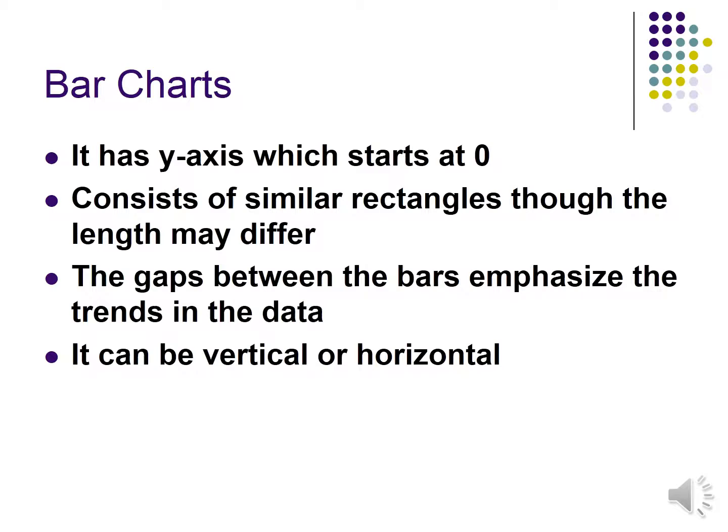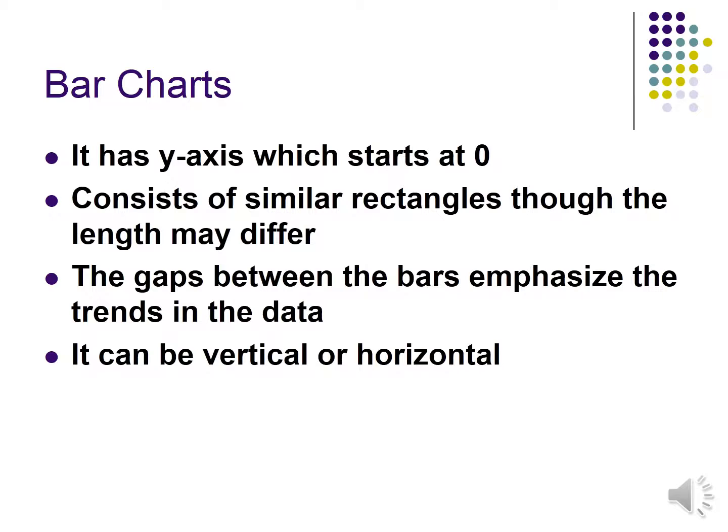And a bar chart could be vertical or horizontal. What we have looked at in our previous slide is a vertical bar chart. Of course, we will still see a horizontal bar chart, but we have looked at the trend. The trend of the data is 1 week.